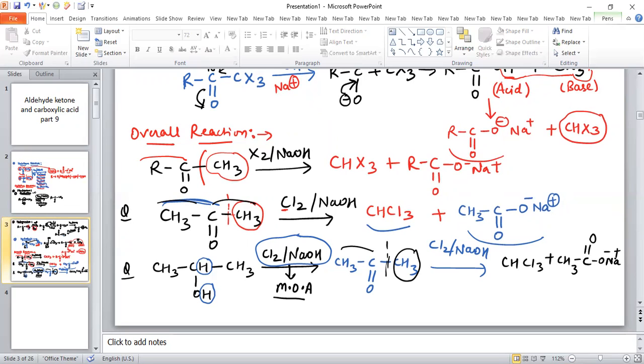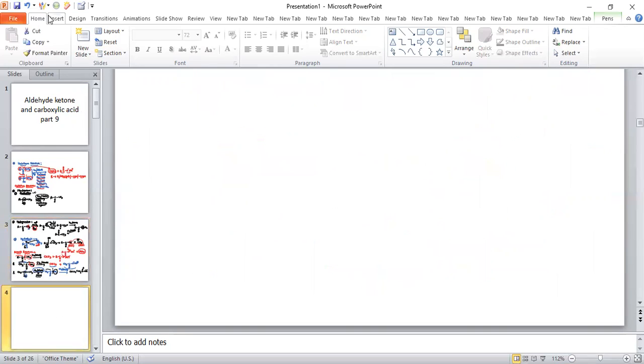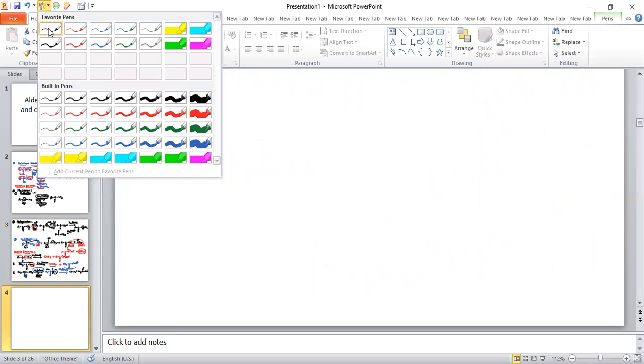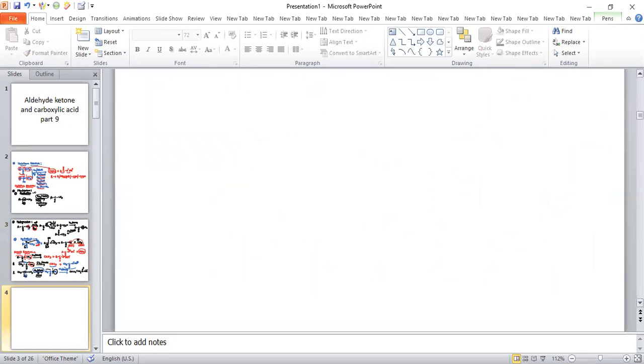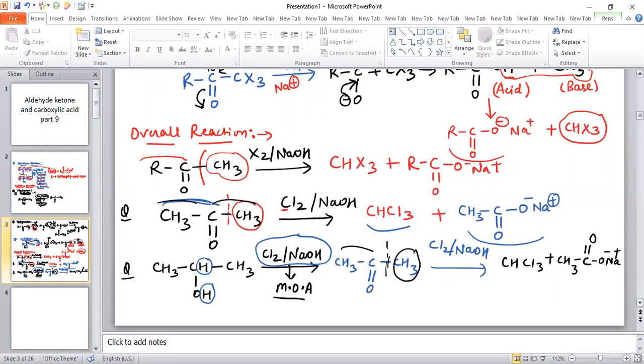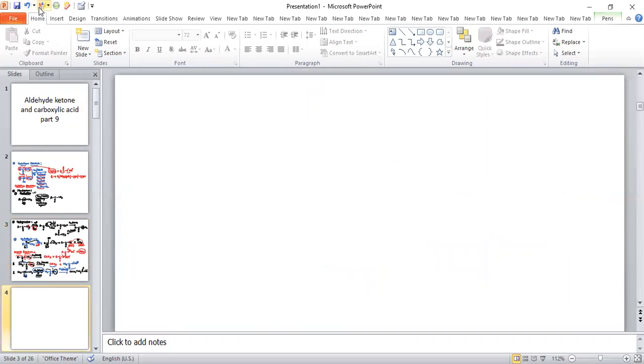Now see, when we discuss which of the following compounds will give a positive iodoform test, first I am going to discuss ketones.